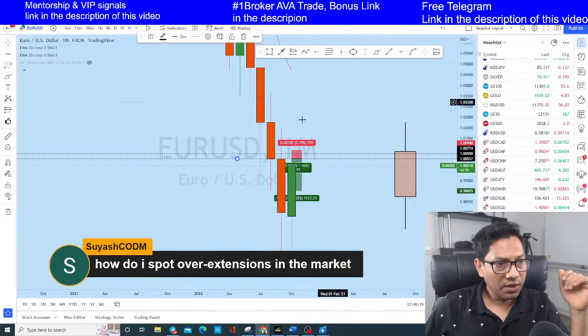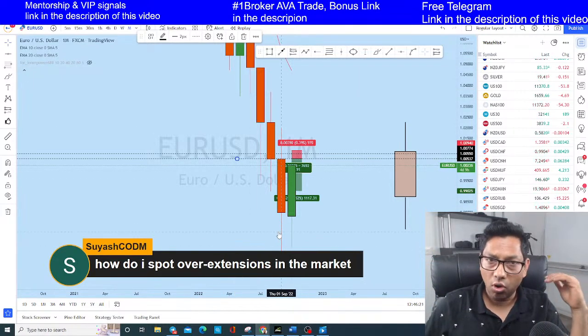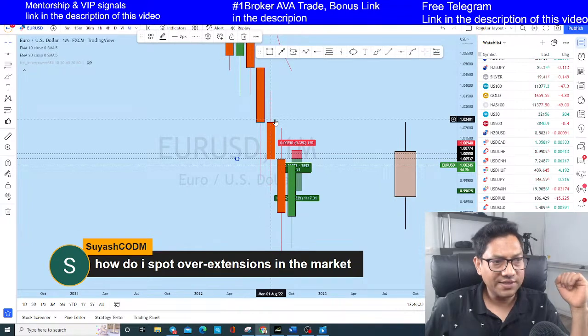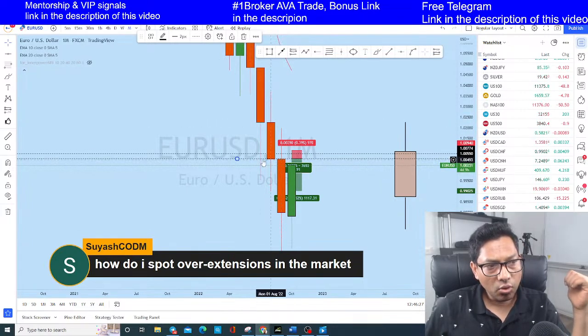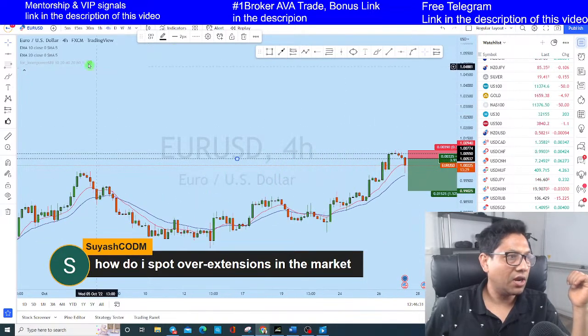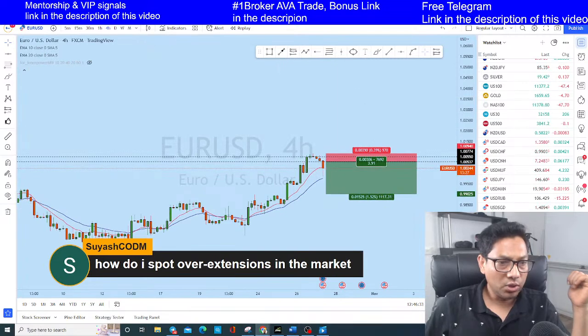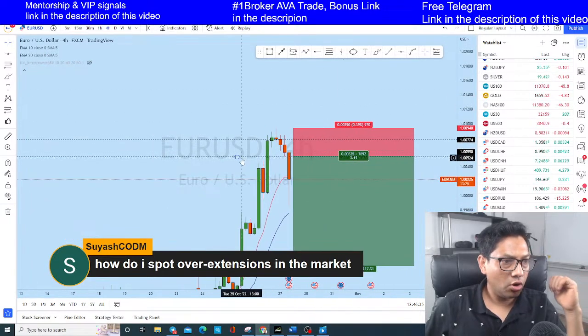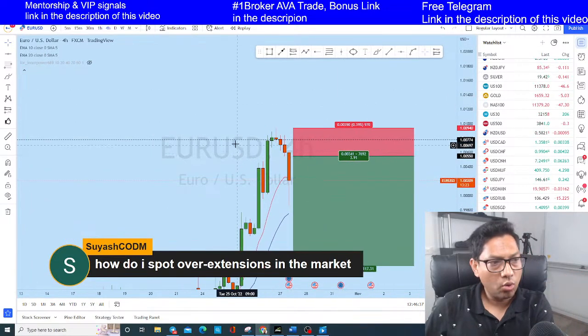So in Euro dollar, the long term trend is down, and the price overextended to the upside to the monthly opening and closing zone. Then look at the lower time frame price action, how they are creating. When the price reverses, it normally leaves a clue.